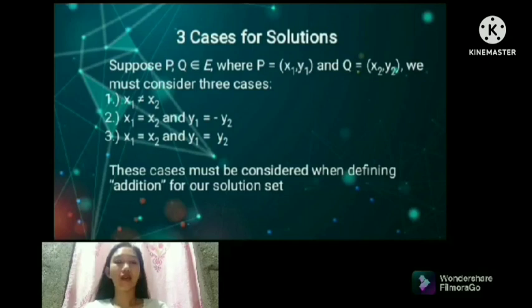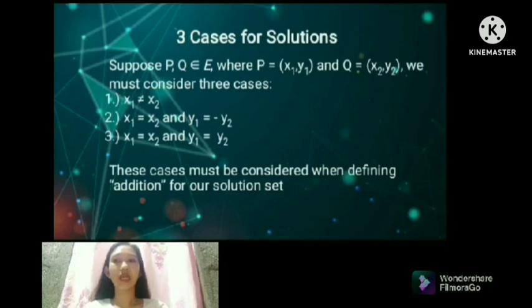Three cases, four solutions. Suppose P and Q belong to E, where P = (x1, y1) and Q = (x2, y2). We must consider three cases. Number 1, x1 is not equal to x2.